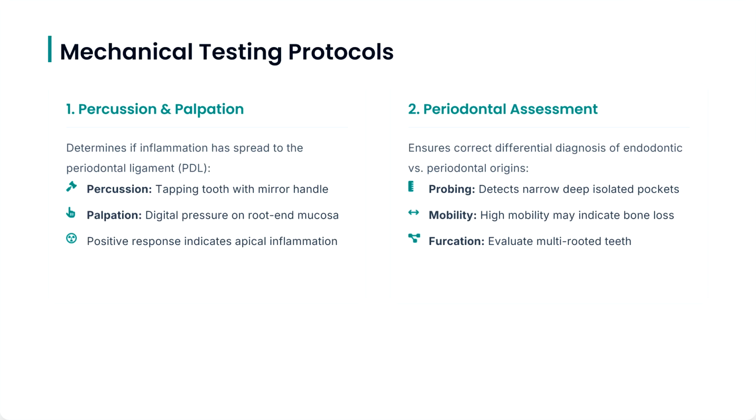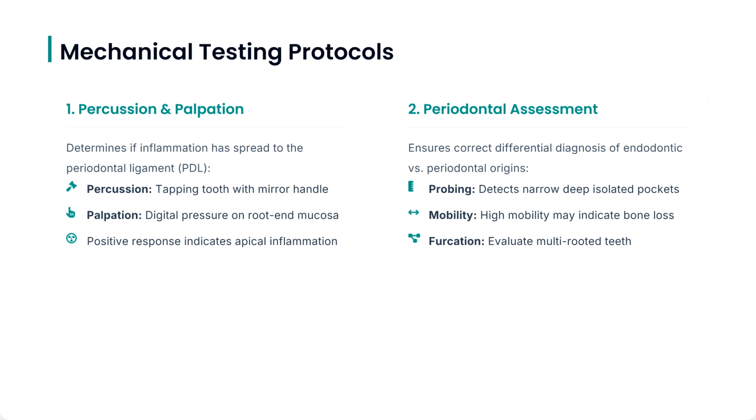Anyway, percussion and palpation. Percussion, you think of like a drums. You're tapping on stuff. When you're doing a percussion test, you're literally getting either a mouth mirror or the end of a forceps. But for demo, I'm going to use a mouth mirror. You go on and you tap the tooth with the end of this. That shouldn't hurt.